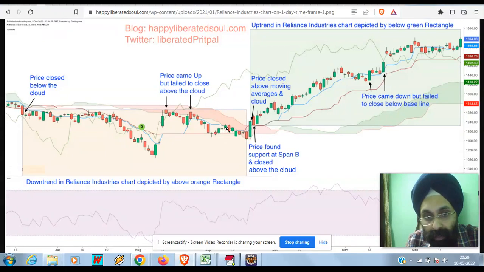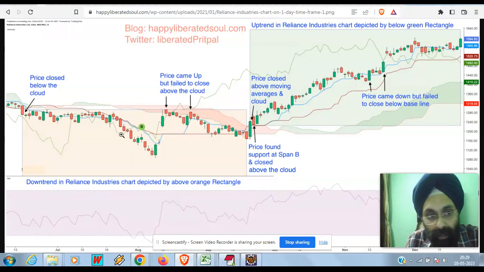Now a few green candles, and again now along with the Tenkan Sen, the lower boundary of the cloud is acting as a resistance, and it is not letting price close above the cloud. And if you see, clearly the candles are making lower lows, although these are green candles, but they are lower than this red candle.